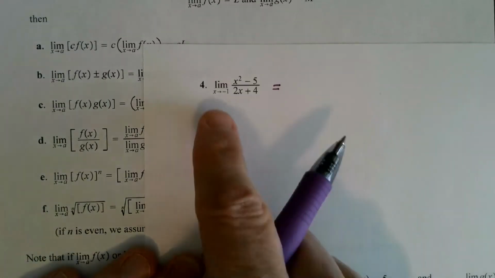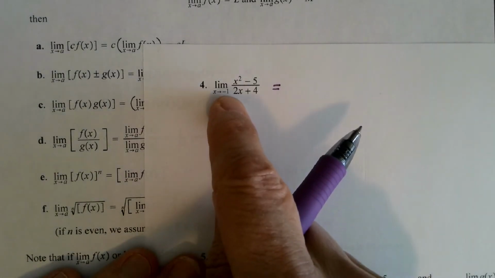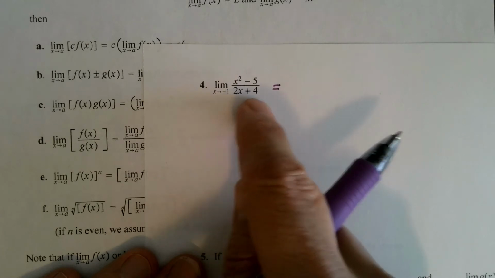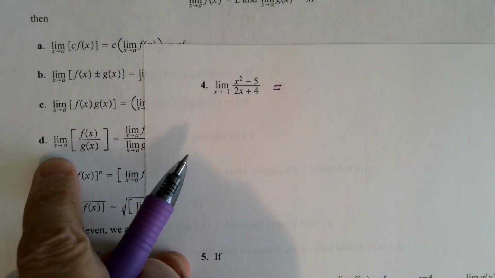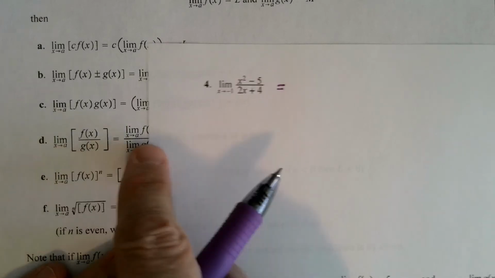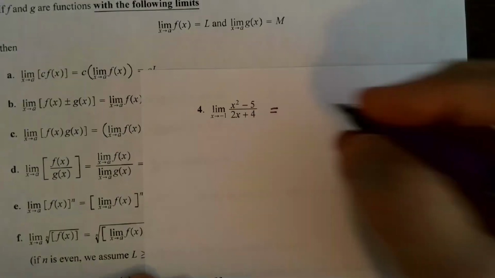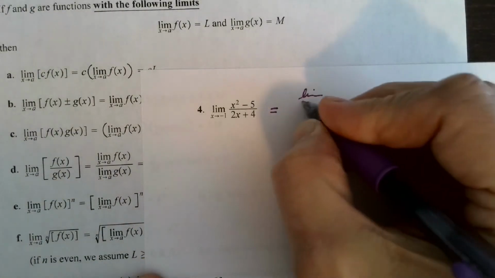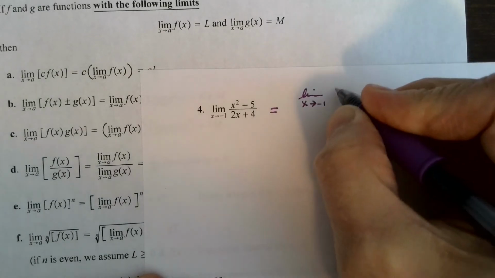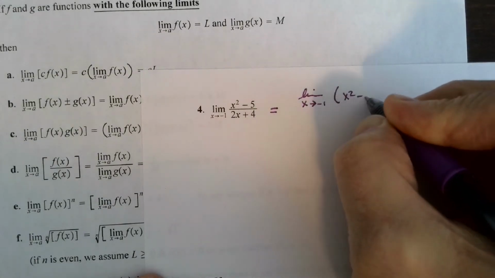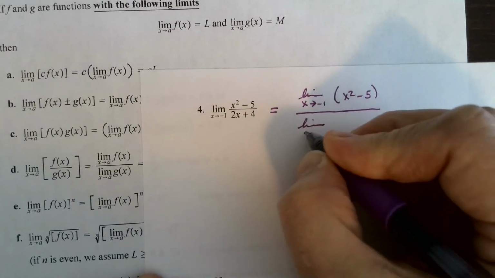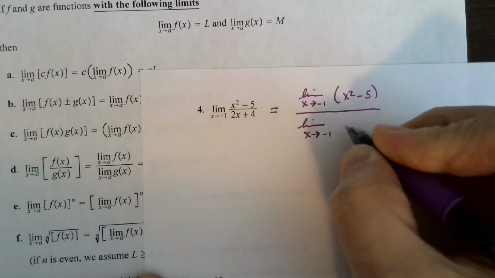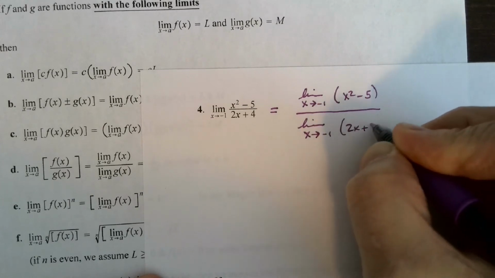So first of all, the limit as x approaches -1 of x squared minus 5 divided by 2x plus 4. Well, first of all, we have a quotient. So I can use part D to say the limit of a quotient is the quotient of the limits. So I can write this as the limit as x approaches -1 of x squared minus 5 over the limit as x approaches -1 of 2x plus 4.